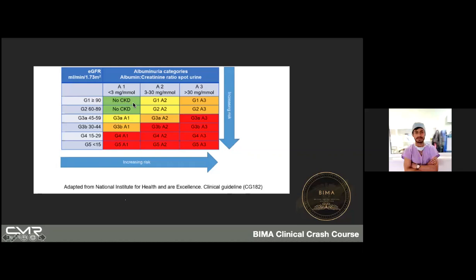They might not need monitoring as frequently as someone with, for example, an eGFR less than 15 and ACR of more than 30. They would have a very, very high likelihood, if not absolute probability, that they have CKD and they need to have regular monitoring.